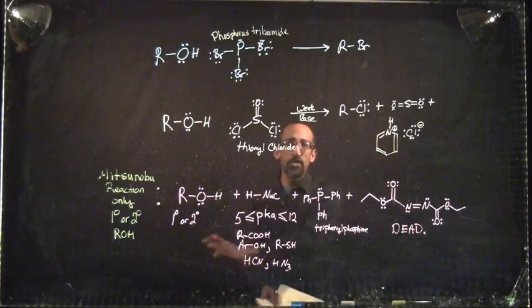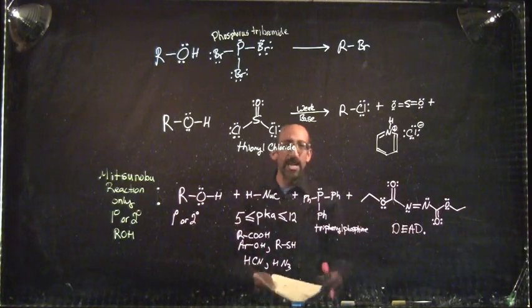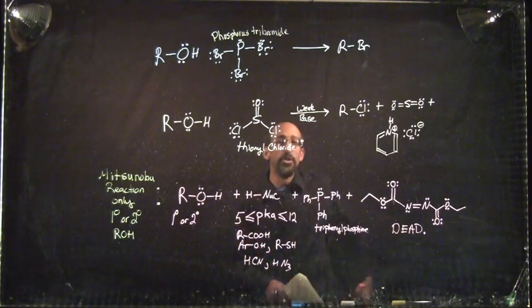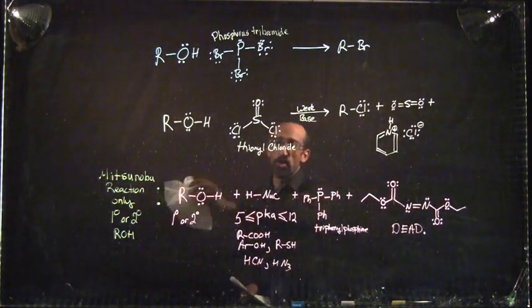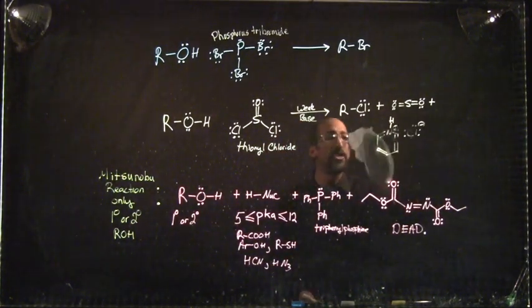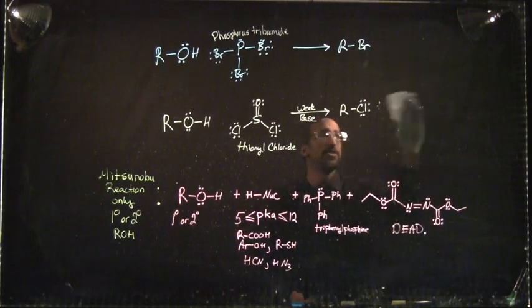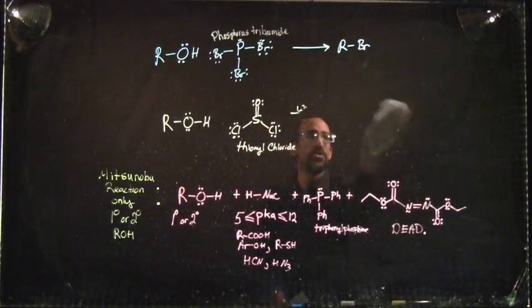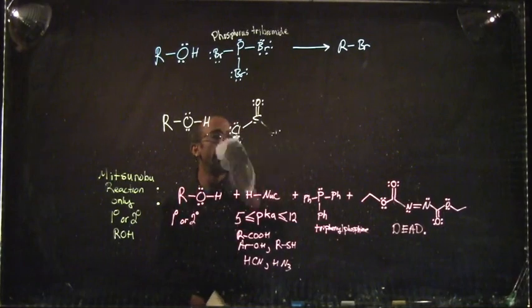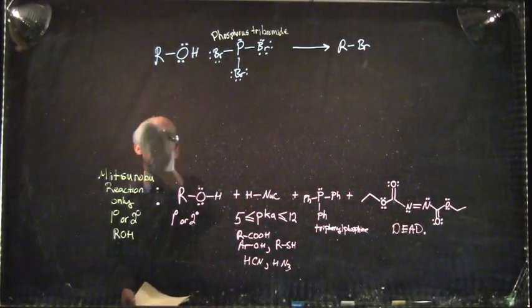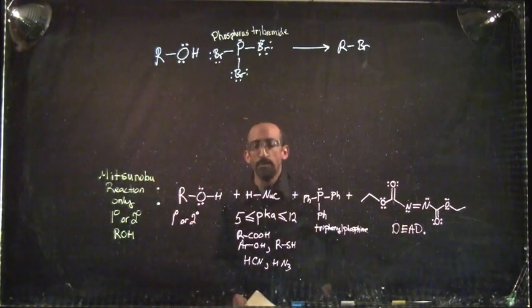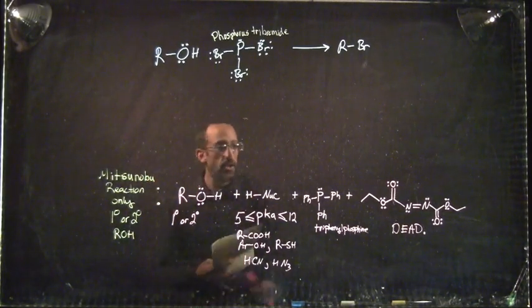And overall, this transformation, and I'm running out of space here, so I'm going to make a little space right here while I tell you this. Overall, this combination of reagents is going to result in a substitution reaction at that alcohol where we replace the OH group with our nucleophile, or the conjugate base of our acidic nucleophile.